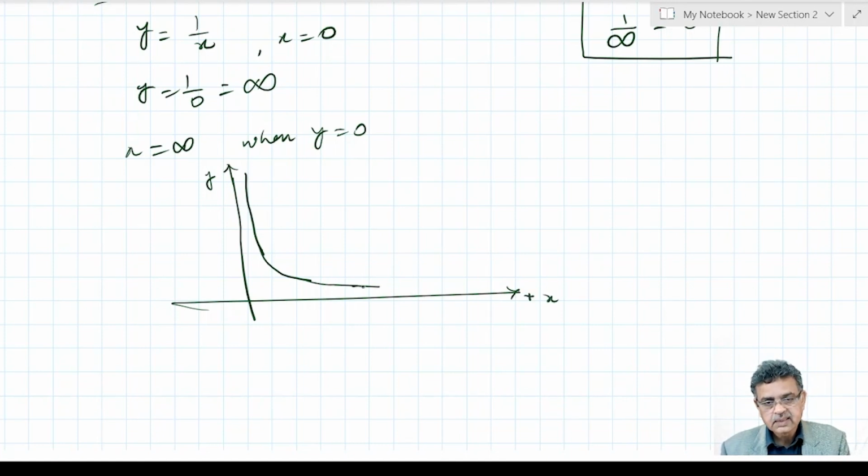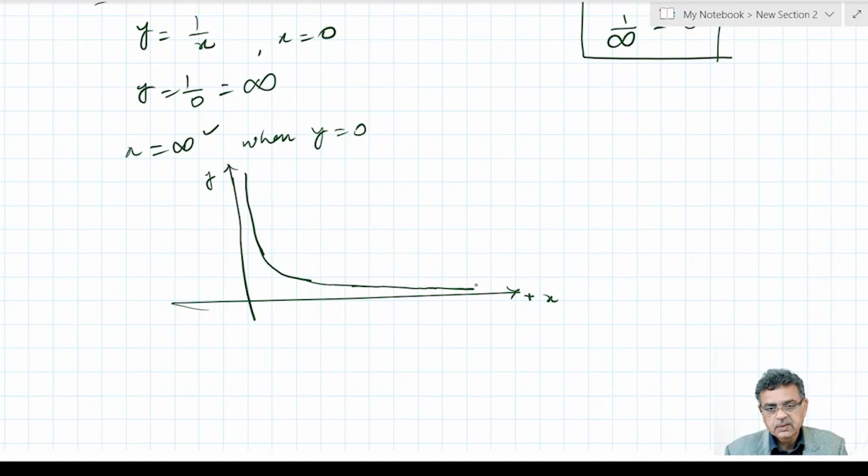So in such situations, the graph seems to get closer to this line, but it never touches this line, because wherever it touches, that will be the value of x, whereas we are saying that x is infinite.